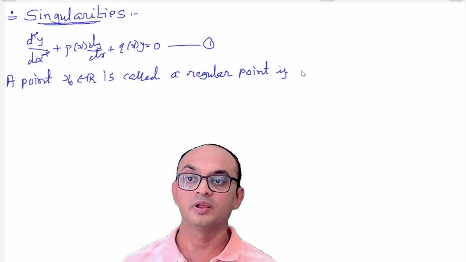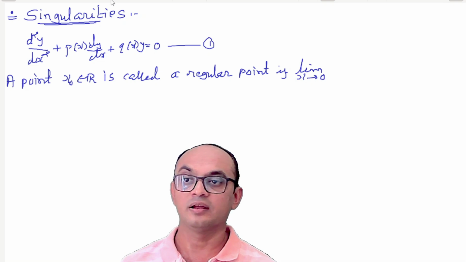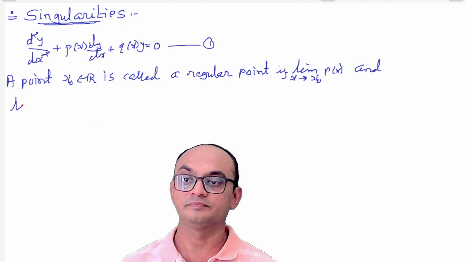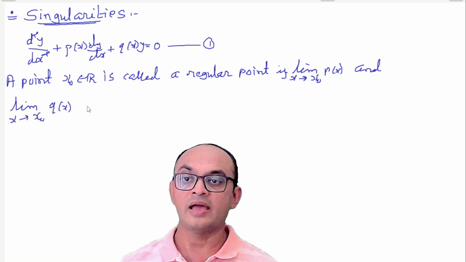if limit x tends to x0 of p(x) and limit x tends to x0 of q(x) exist.